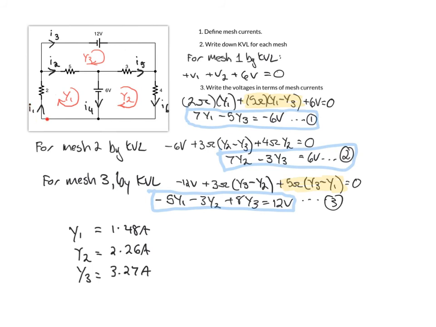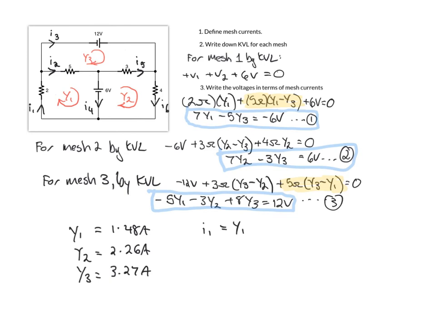Now I want to show you how the mesh currents relate to the normal branch currents that we're used to. So I've marked up a branch current I1 here, I2, I3, I4, I5, and I6. And if you look at the drawing, you can see that Y1 is flowing around this branch in the same direction as I1. So I1 is simply equal to Y1. I2 is flowing in the same direction in this branch as Y1, and in the opposite direction to Y3.